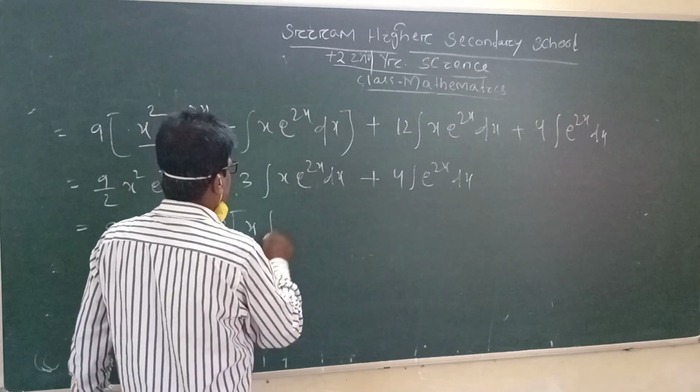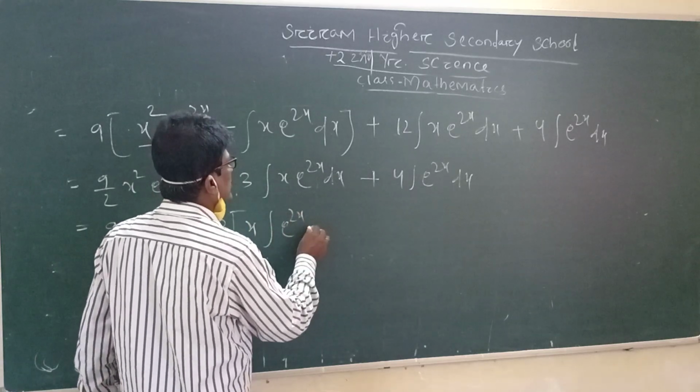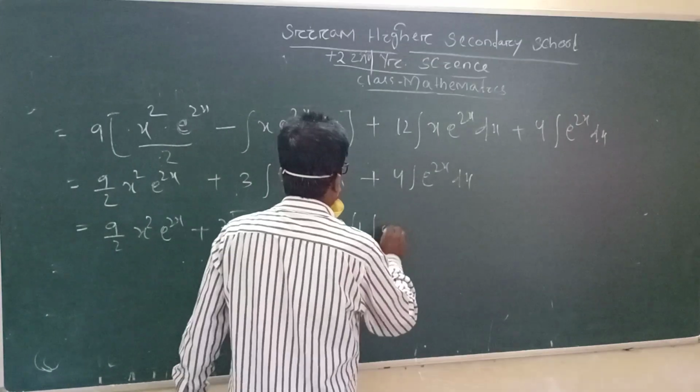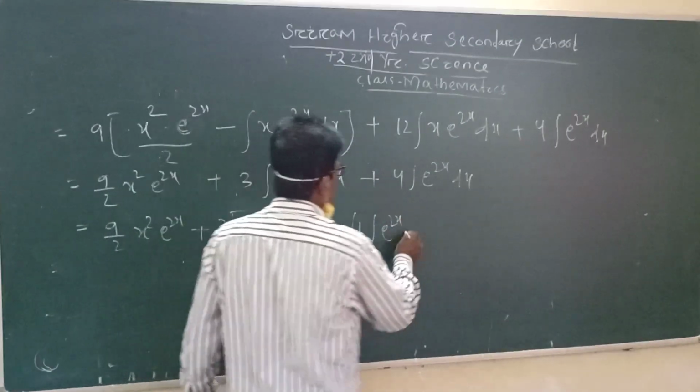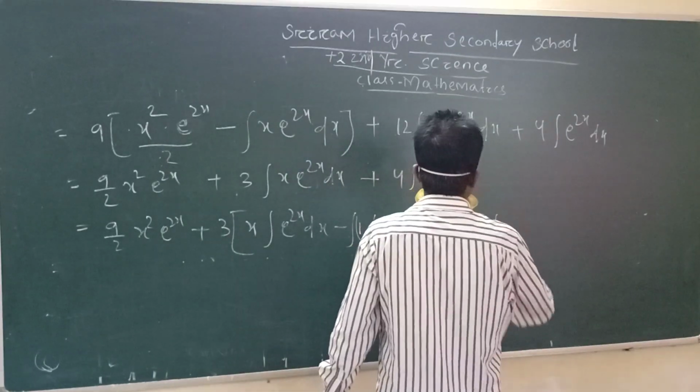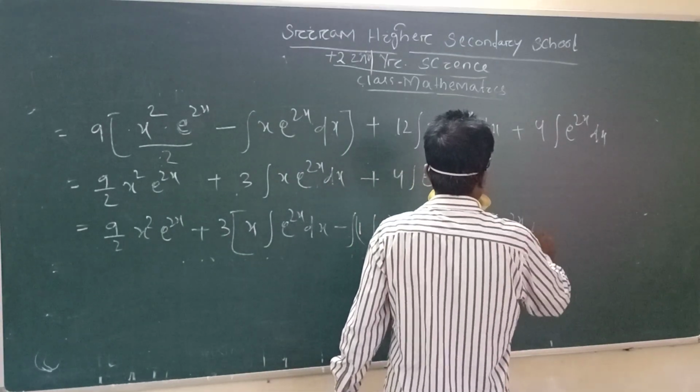So x constant, integration of the second function dx minus derivative of x, integrating e to the 2x dx, whole dx, plus 4 e to the 2x dx.